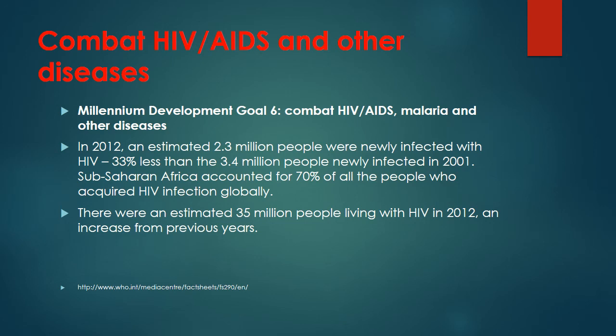That's shown up as an increase from previous years, but the reason for that is that people are actually living because they're getting the medication and the hospitalisation they need to keep them alive. So while the deaths have decreased, people living with AIDS has also increased.